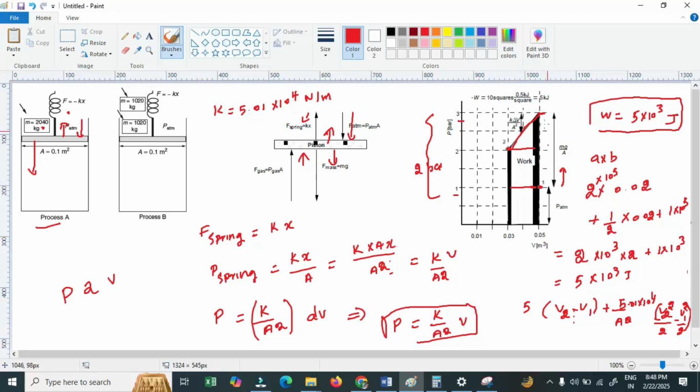That's what I have, a line, yes, inclined line. This is the way I need to find the work done graphically also. This is the area under the PV diagram. This is from state 1 to state 2.